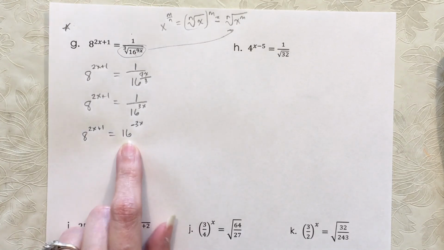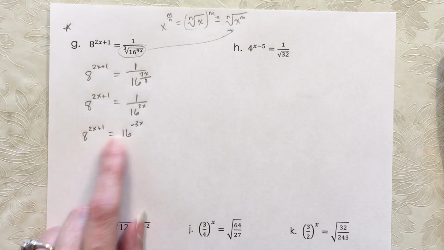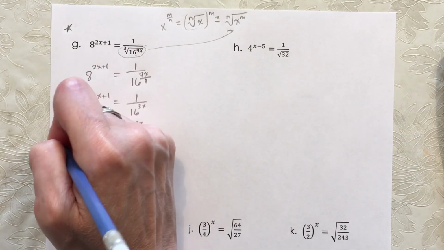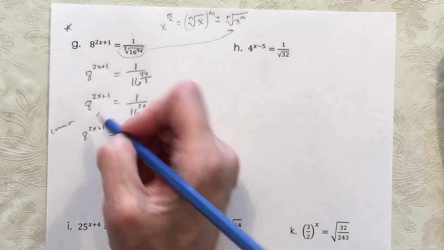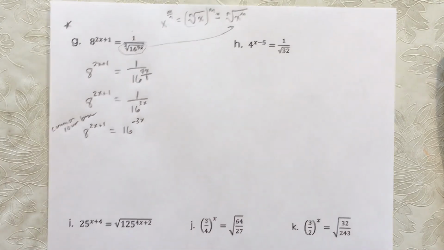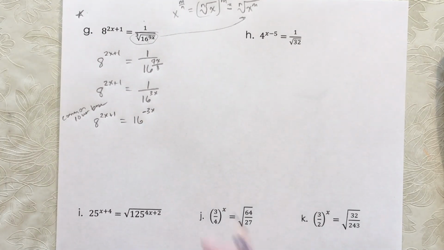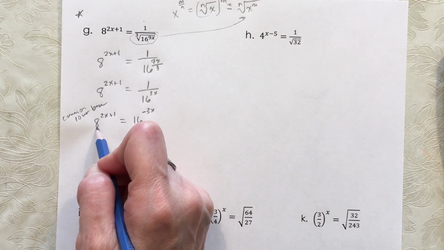And is it possible to write 16 as 8 to the something? Well, 8 squared is already 64, so there has to be a common lower base. So that common lower base is 2. You might think it's 4, but 4 squared is already 16, not 8.